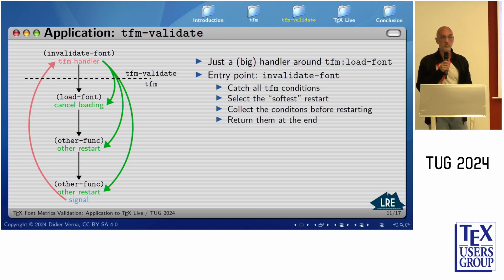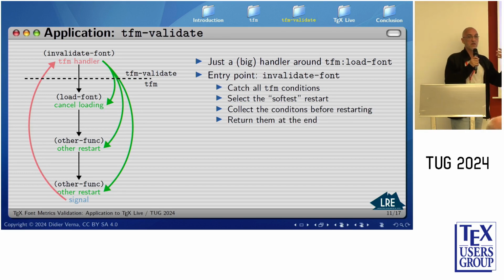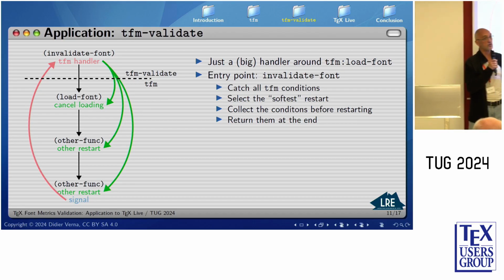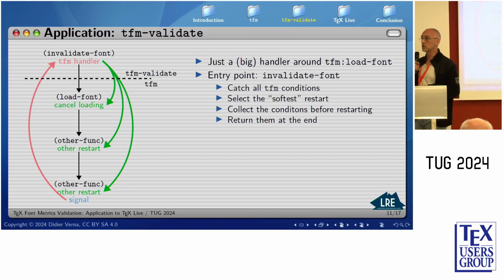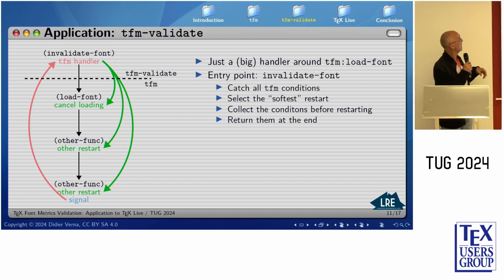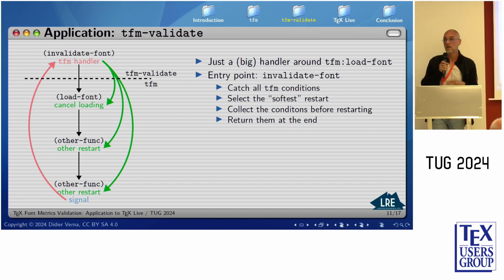One more thing that I do is every time I validate a font, instead of just printing stuff on the terminal, for instance, I collect the conditions, which are reified as first-class objects because it's object-oriented. The function is called validate font.